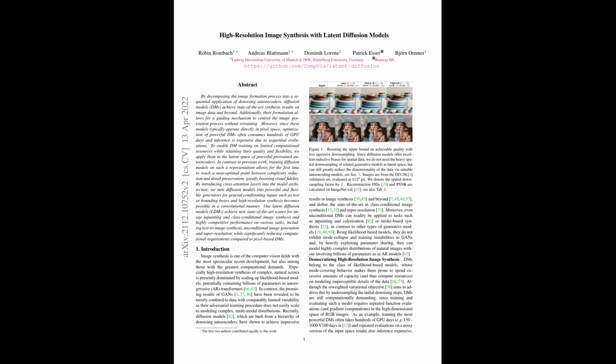Now, prior work had already noticed something important about image generation. Most of the bits in a digital image encode imperceptible texture and noise, not the meaningful content. Think of it like an audio recording where most of the data describes the exact waveform shape of background hiss rather than the melody. Likelihood-based models, including diffusion models, are mode covering, so they dutifully spend capacity modeling all that perceptually irrelevant detail.